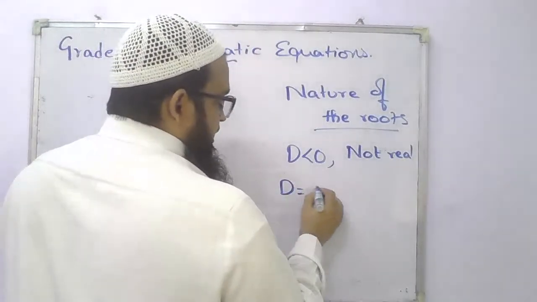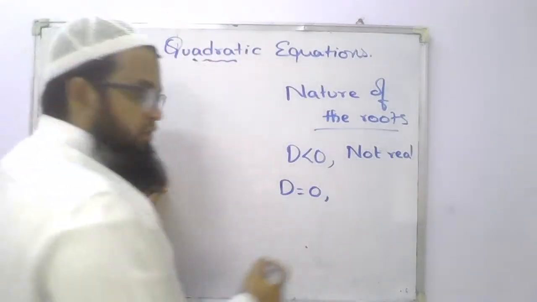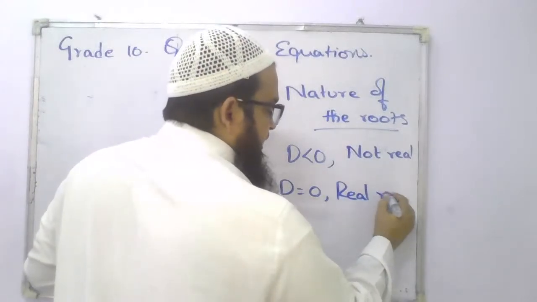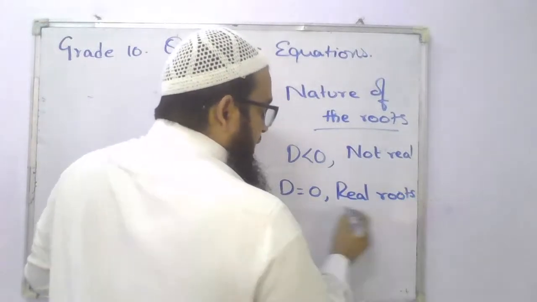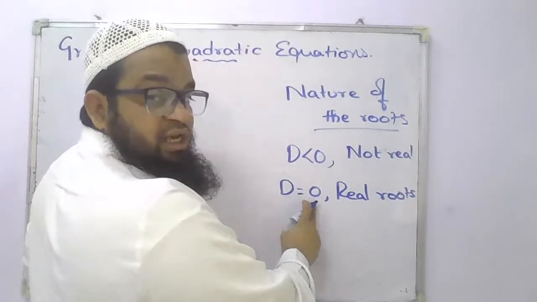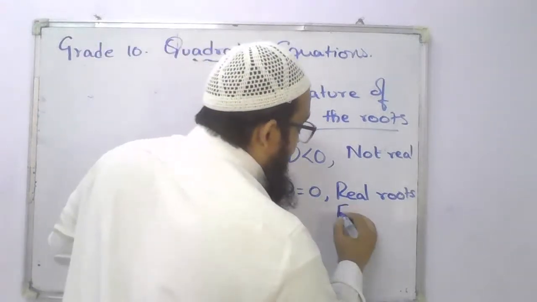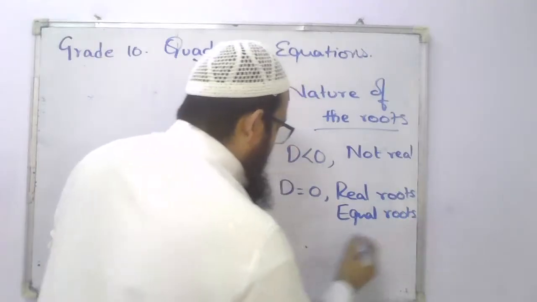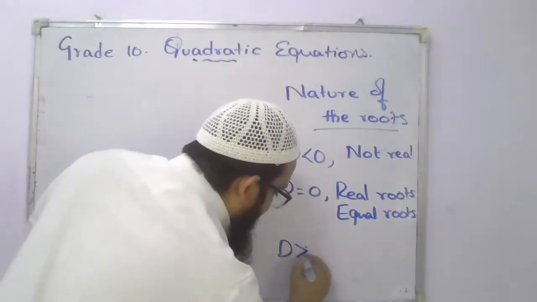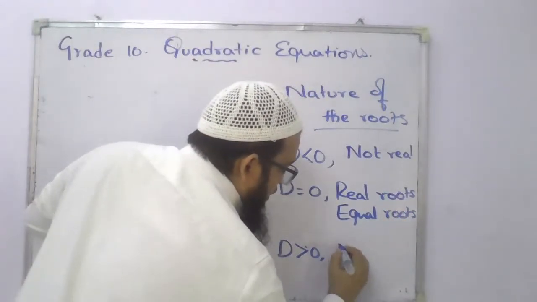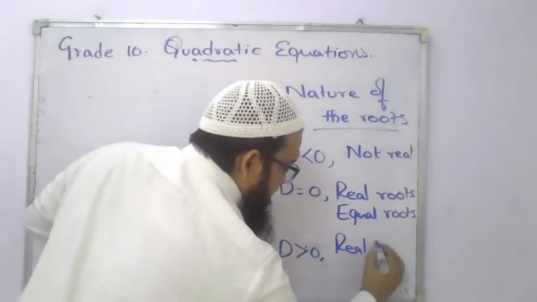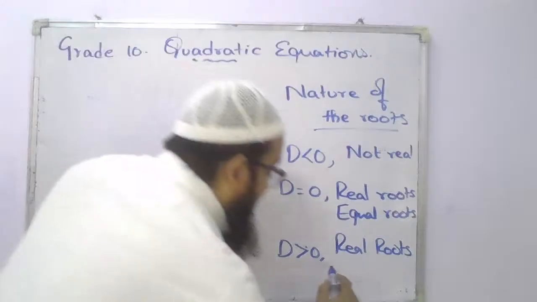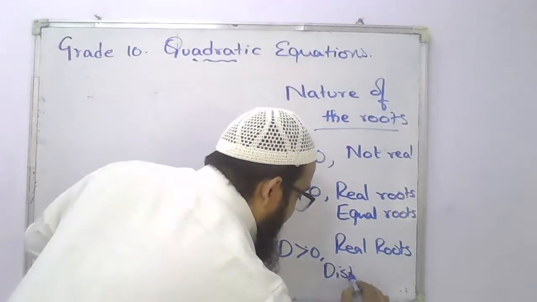If the discriminant is equal to 0, then the roots are real, and since D is equal to 0, you have equal roots. Real roots and equal roots. And if D is greater than 0, they are real roots and not equal roots. The roots will be distinct.